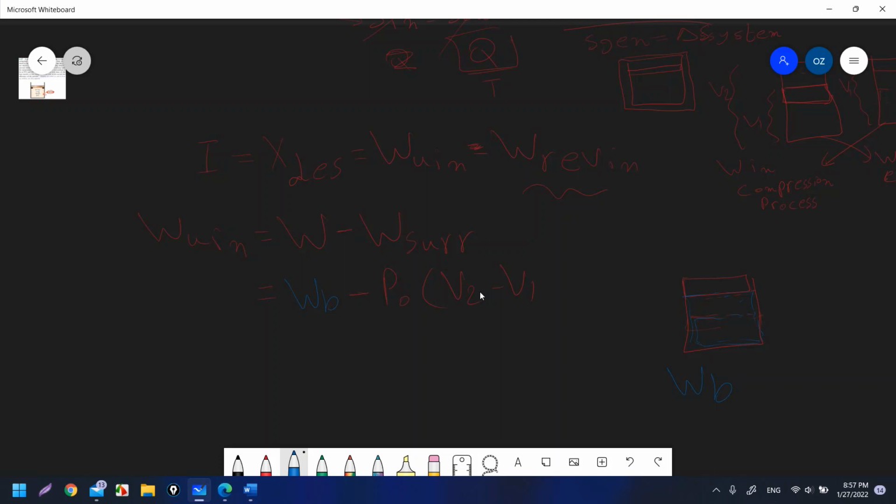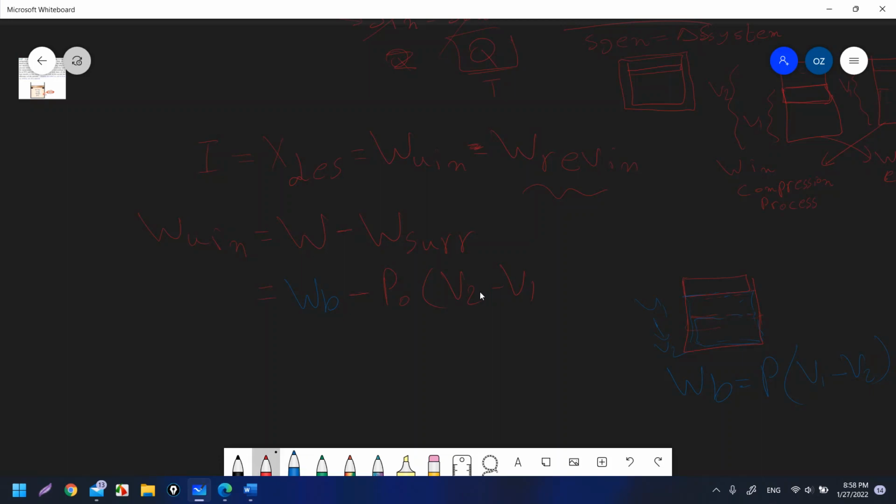So it is the boundary work. We said at the beginning we have a constant pressure, quasi-equilibrium process. So the pressure is constant, but the change is in volume. It was V1, then it became V2. So here this one will be V1 minus V2. It is similar to the surrounding, but that uses P naught, while here we use the pressure inside the piston cylinder, P1 equal to P2, which is 0.7 megapascal or 700 kilopascal.